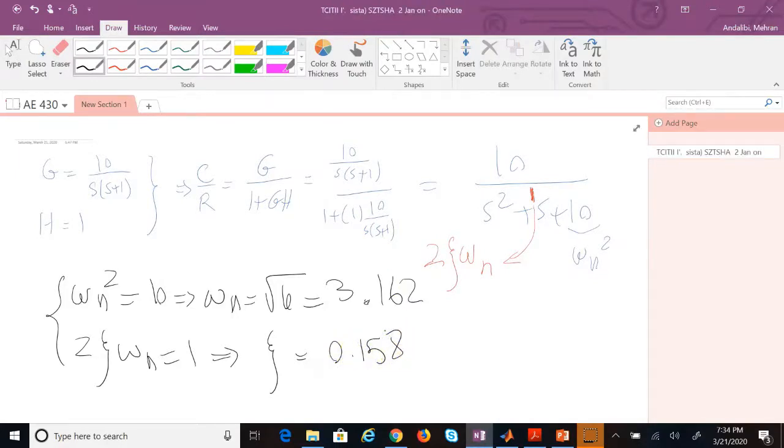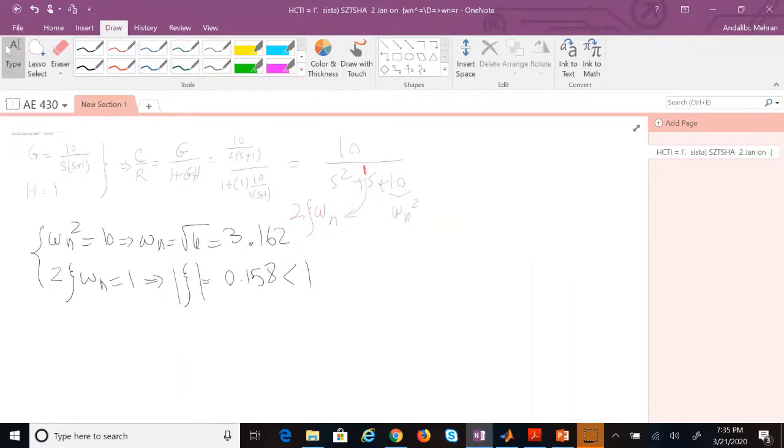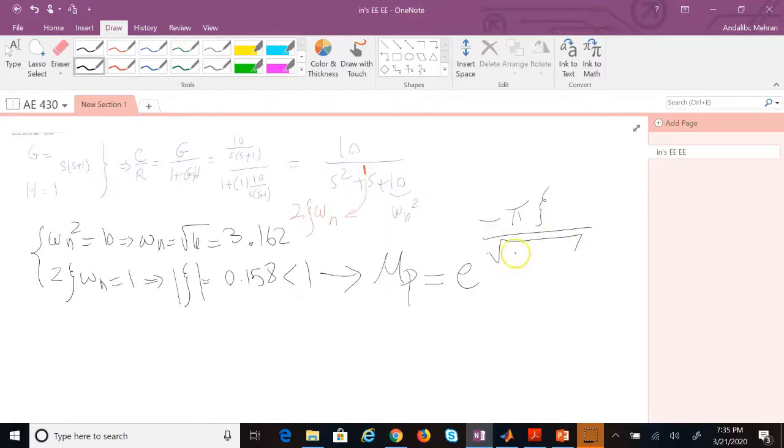So we know that damping ratio is a number between what and what? Yeah, the magnitude of the damping ratio is less than 1 in general, right? And the bigger it is, the more damping I have in the system and the less overshoot, right? So what is the overshoot here? If I calculate the maximum overshoot, if you still remember the formula, it was e to the negative pi zeta divided by square root 1 minus zeta squared, right?